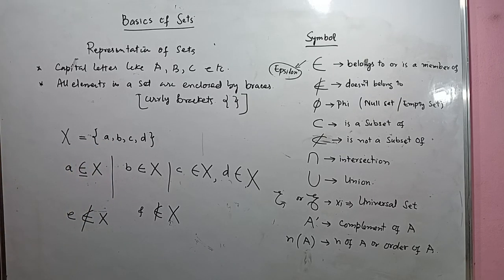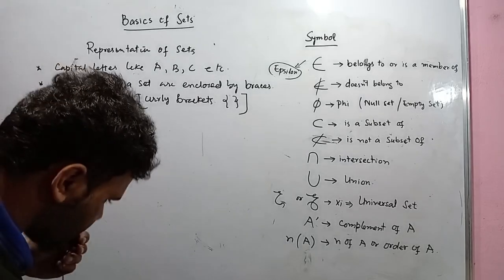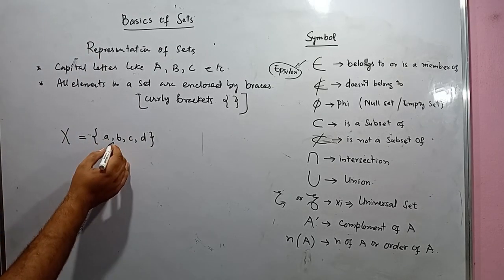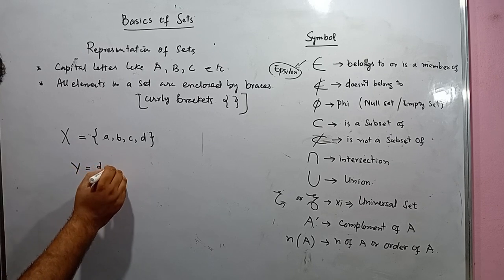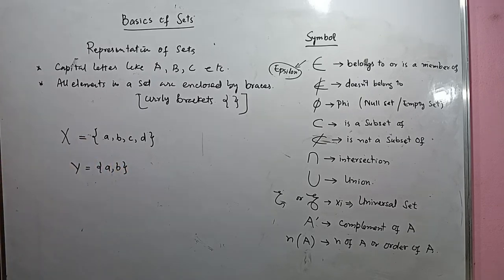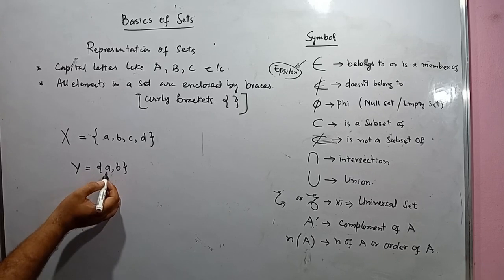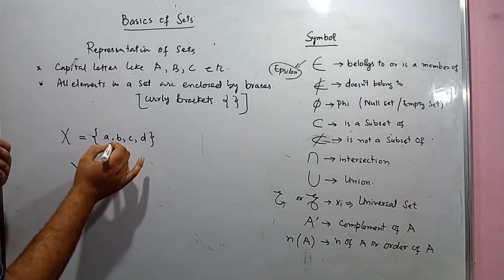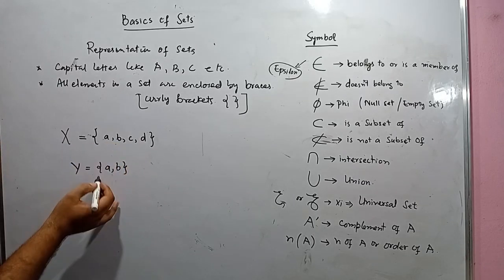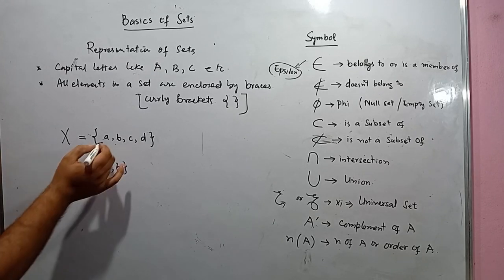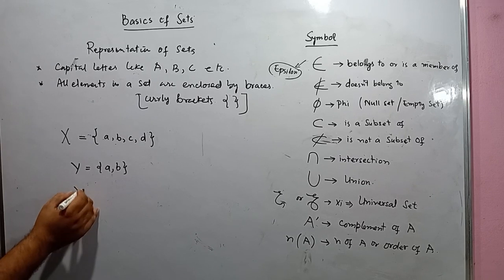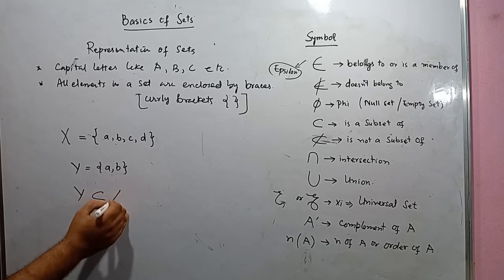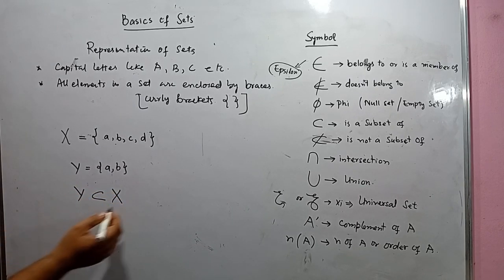Now next, I will take two elements. Y is equal to A, B. You can see every element of Y is also present in X. That is, all the elements of Y are present in set X. So I can write Y is a subset of X. Why?